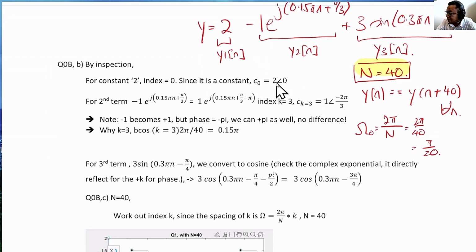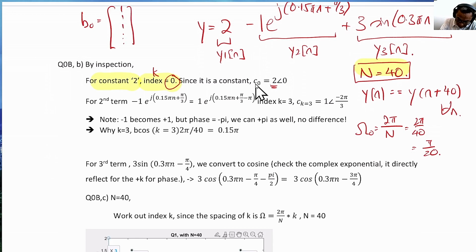Now let's begin with 2. 2 is a constant, therefore it is on the zero harmonic of omega naught. So this is the answer. For constant 2, the k index is equal to 0 since we are using the zero harmonic. C0 would then be 2, the amplitude, with phase 0, because we multiply 2 with phase 0 by a bunch of 1s. Remember, B0 is nothing but a vector of 1s.